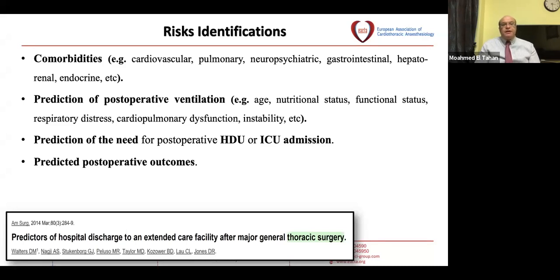We predict the need for post-operative ventilation, counting on the nutritional state, functional status, preoperative respiratory distress, cardiopulmonary dysfunction, and hemodynamic instability. We can also predict the need for post-operative high dependency unit or intensive care unit admission, which also predicts the post-operative outcomes.